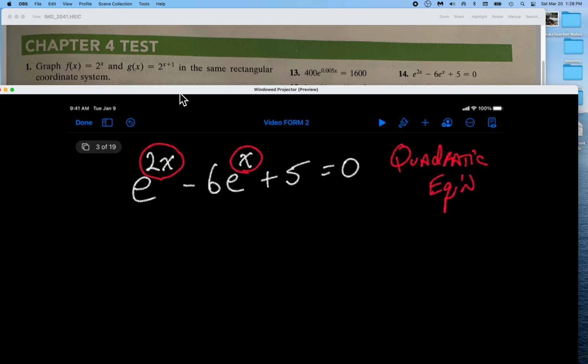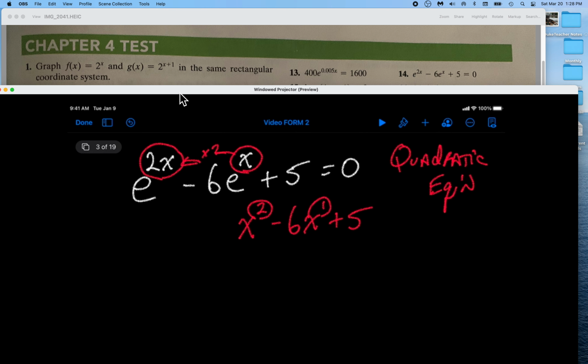Okay, indeed, this times 2 gives you 2x. That is the same thing as having x squared minus 6x plus 5. There's a hidden one here. This is twice that.